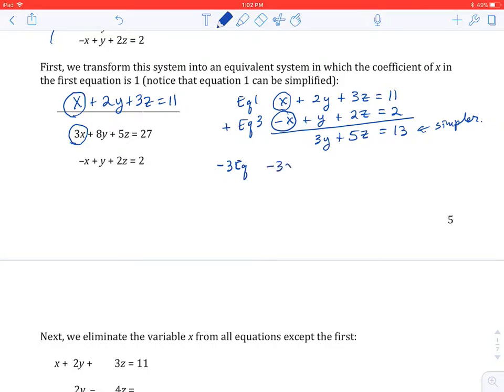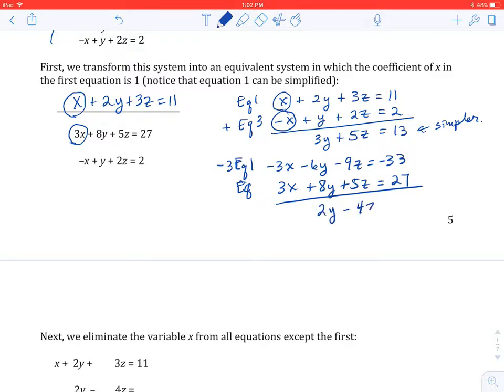If I did that, I would have negative 3x minus 6y minus 9z equals negative 33. Then I'll write down equation 2 under it: positive 3x plus 8y plus 5z equals 27. Add going down. Since I chose that negative 3, now the x terms drop out. I'll have 2y minus 4z equals negative 6.